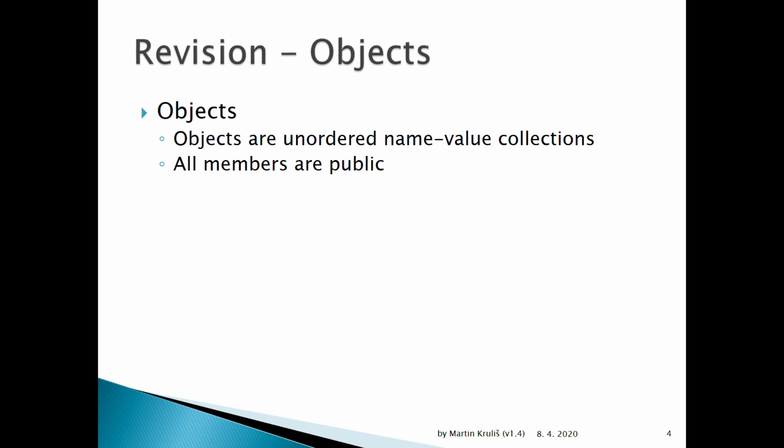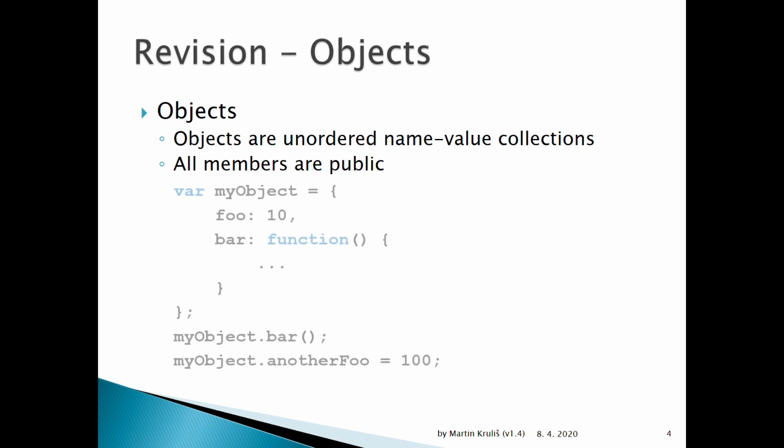The most important data types in JavaScript are objects and functions. So let's start with objects. Objects are not traditional instances of classes. Instead, they are just simple unordered name-value collections, and all their members are public, so they're more like dictionaries or hash maps. Objects are constructed very easily.